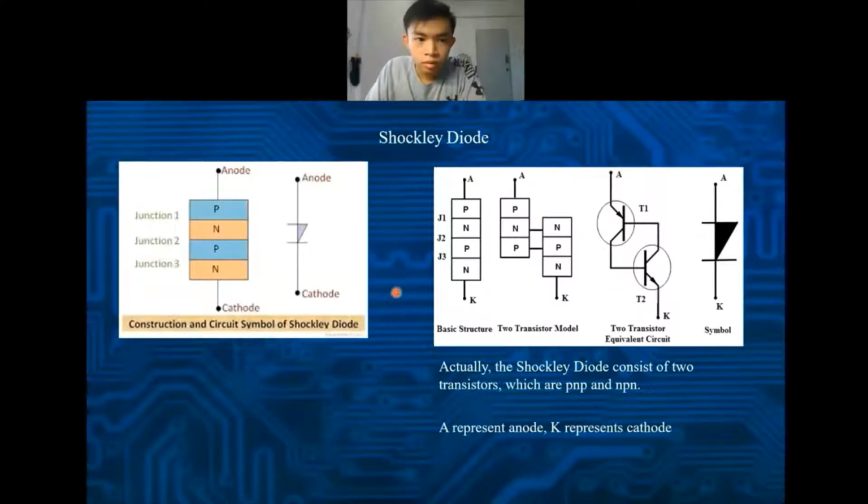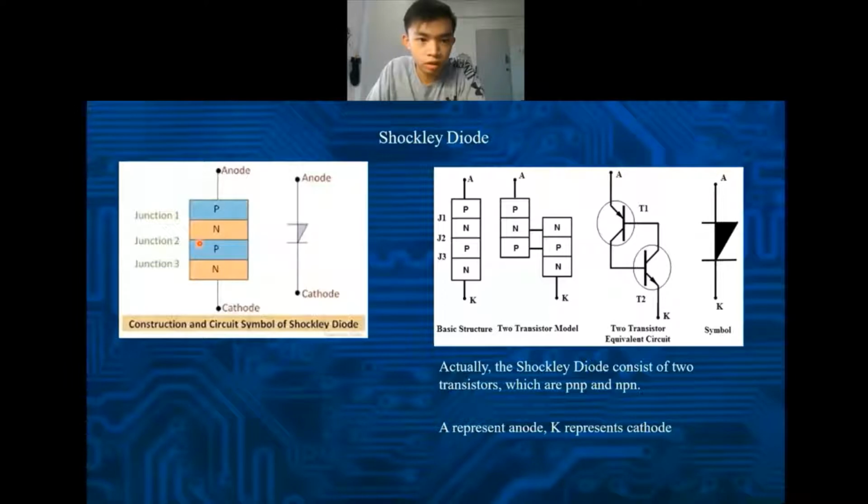So the Shockley diode is made by the combination of four-layer silicon, which are p-type, n-type, p-type and n-type. So it is called a PNPN layer.